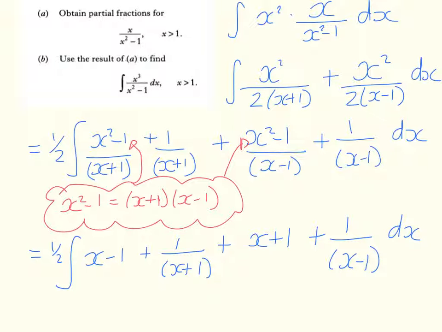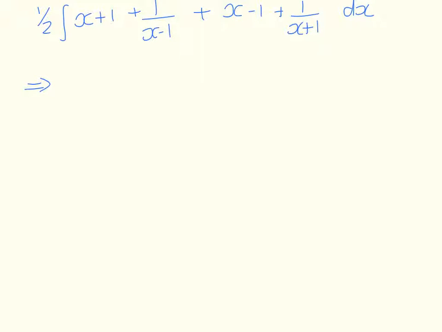Now, I have a lot more terms, but each of them is fairly easy to integrate. Okay, so I'm just going to do a small amount of tidying up. I've got an x here and an x here, so I've got 2x. I've got a plus 1 and a minus 1, so I can forget about them. So a half 2x plus 1 over x minus 1 plus 1 over x plus 1.